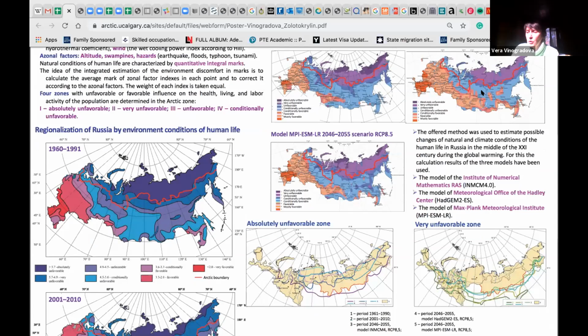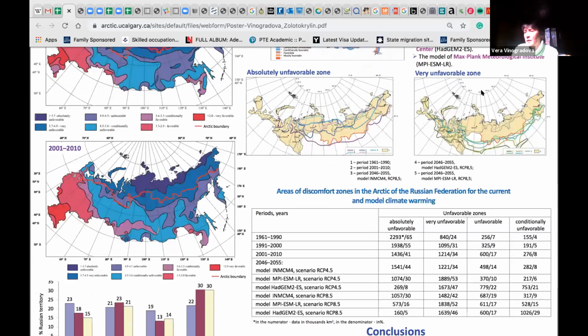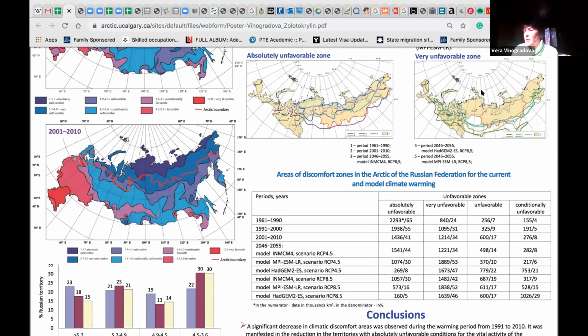The area of the discomfort zone in the Arctic in the current and model climate warming you can see in the table. During the climate warming, the territory with absolutely unfavorable conditions was reduced by 24%. The area of the very unfavorable and unfavorable zones increased by 10% each.